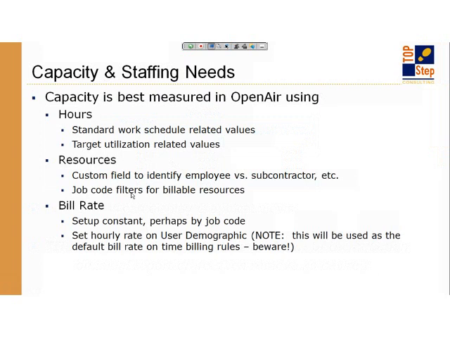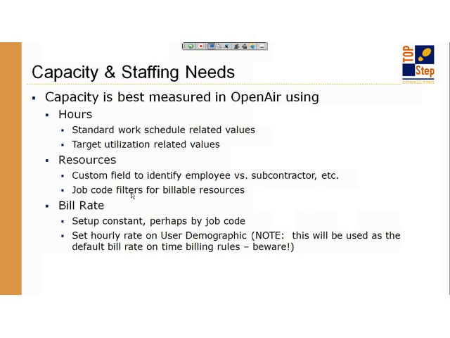How do I figure out the hours? Well, I have to figure out how many hours people can be productive that will convert to revenue. Okay, so you as a company need to figure out what is the definition of revenue hours. Right? That could be standard schedule hours that are available from OpenAir. It could be the target utilization driving an adjustment that tells you what your capacity is. Okay?